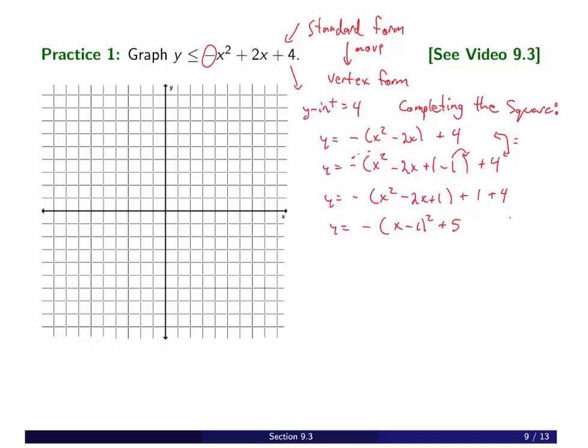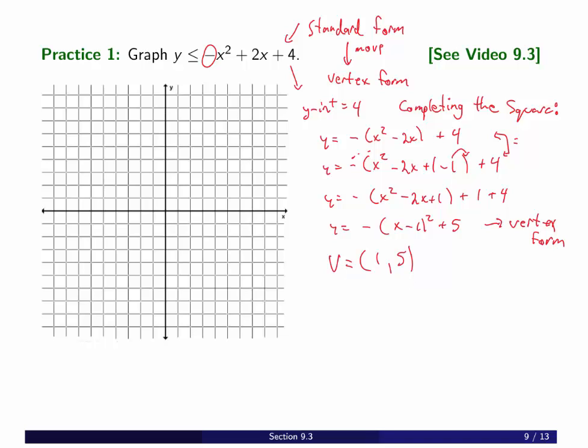I kind of outlined that. You can pause the video at this point and analyze the steps that took me to get to this vertex form. In vertex form, you can get the vertex by inspection, which is (1, 5). So we have the y-intercept, and we have the vertex.